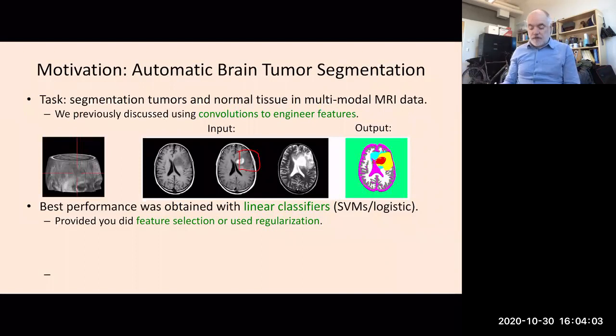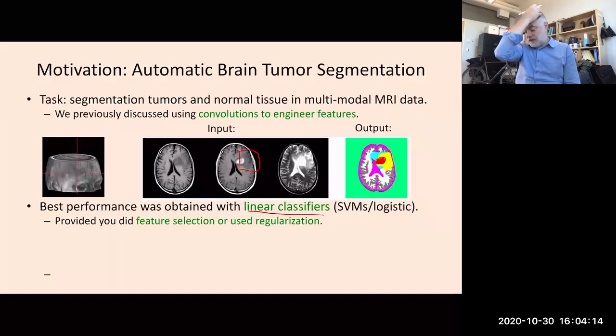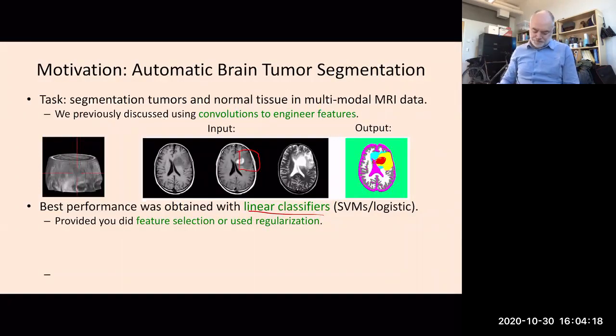It turns out that with the feature banks and operations on them, you can solve this problem fairly well. The best performance was attained with linear classifiers of the type we've been talking about: support vector machines, logistic regression, provided that you did feature selection or used some sort of regularization. Fine.